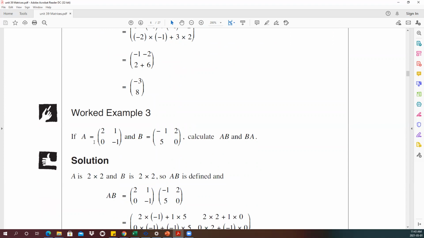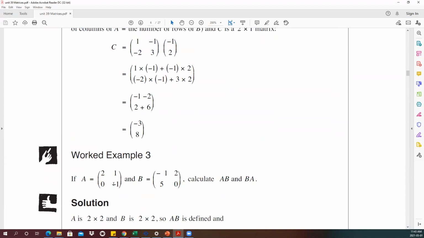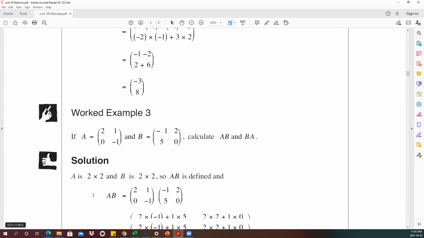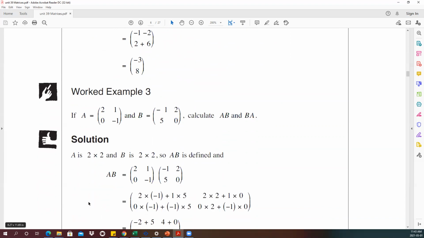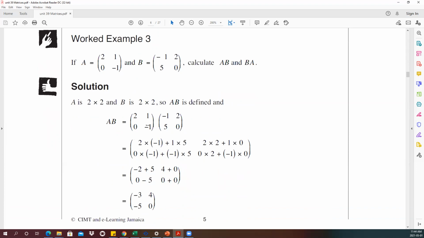Here's another example. This is a 2 by 2 matrix, a 2 by 2 matrix. So straight out the gate, you don't have to even think. We know that the column number here matches a row number here. Right? No problem. So we just need to apply the method of multiplying.